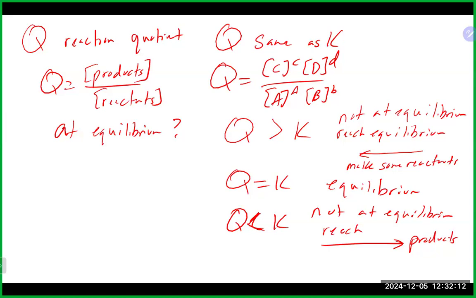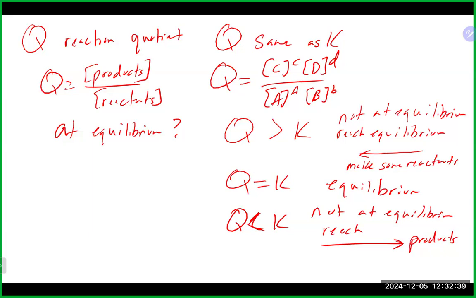The other place where we will sometimes calculate Q is in an equilibrium problem to determine, probably not whether it is at equilibrium, because it probably wouldn't be at equilibrium if you're trying to determine equilibrium concentrations. But what will help you figure out is which way the reaction needs to go to reach equilibrium.